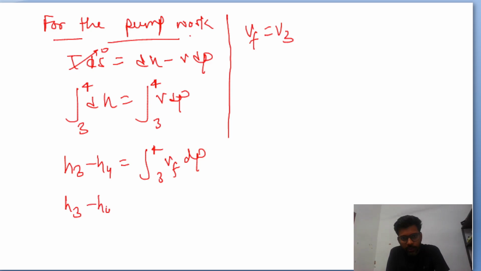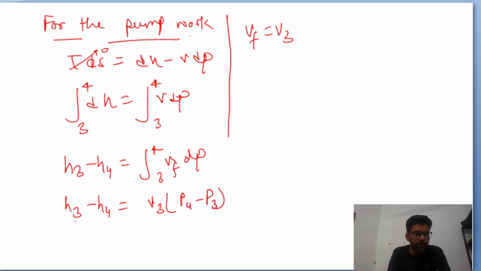So H4 minus H3 is equal to V3 into the pressure difference, P4 minus P3. In this way we can calculate the pump work.